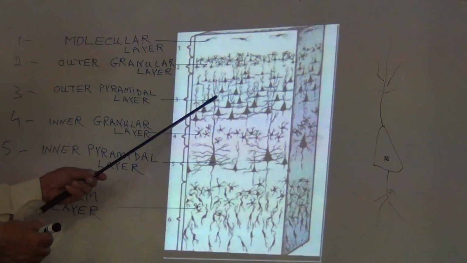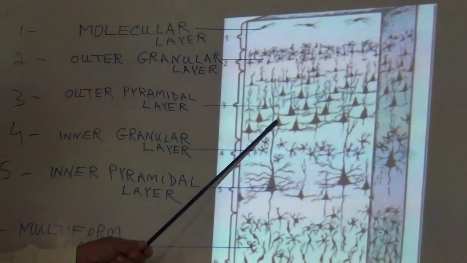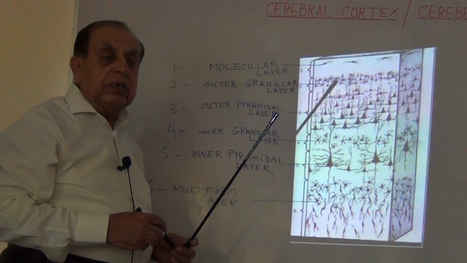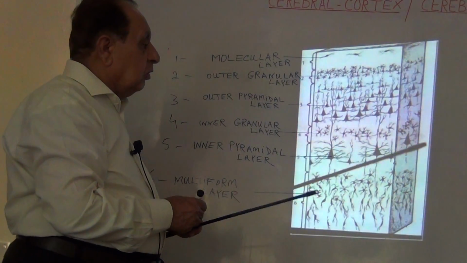The outer pyramidal layer also contains the Martinotti cells.